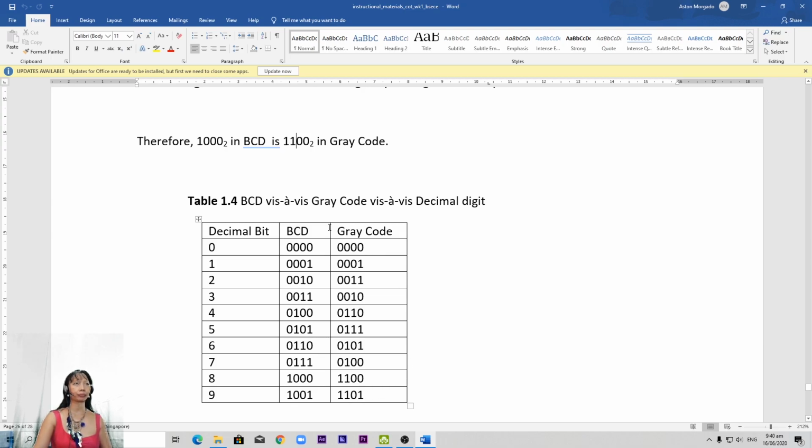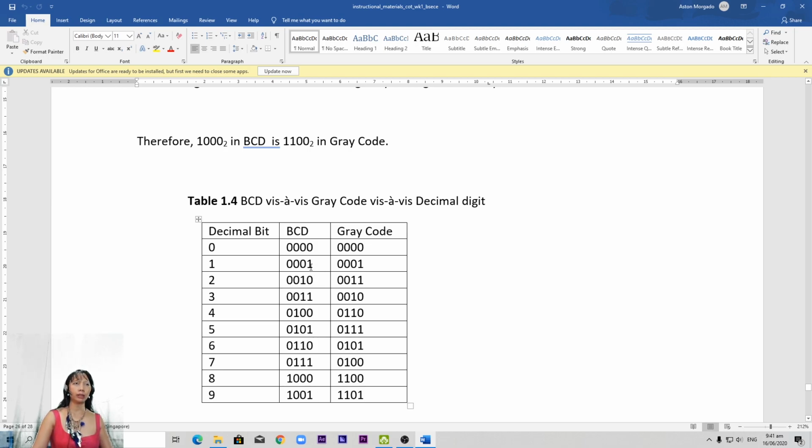For 0 to 9, we have the equivalent gray code here. Again, the gray code is based on the binary here. So let's see. 0 XOR 0 is 0, 0 XOR 0 is 0, 0 XOR 0 is 0, and then you bring down the MSB. That's why 0000 in BCD is also 0000 in gray code.